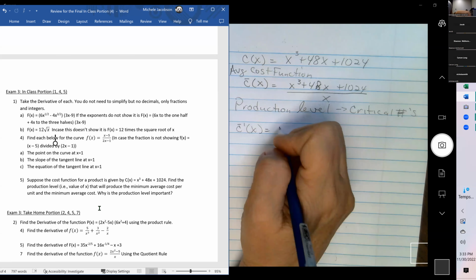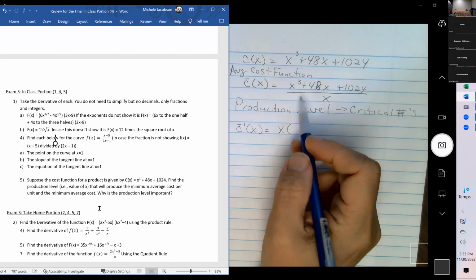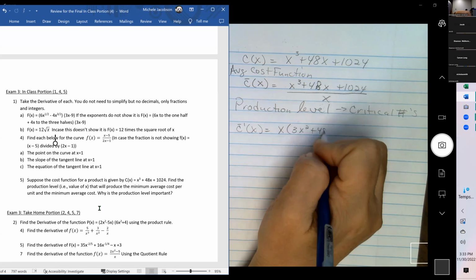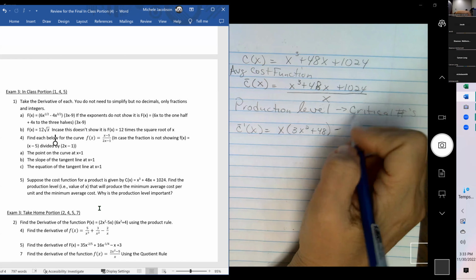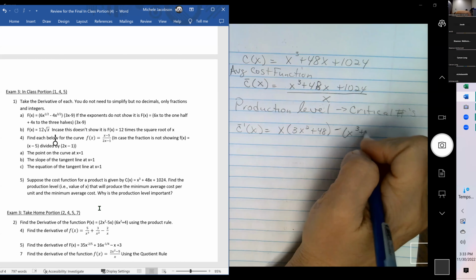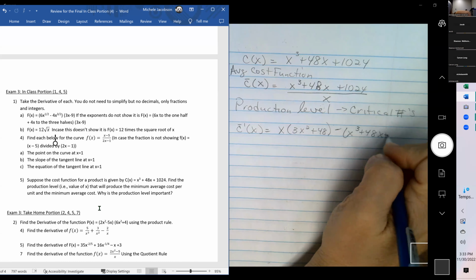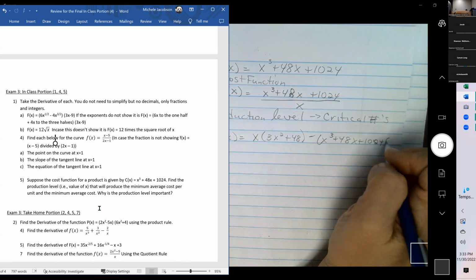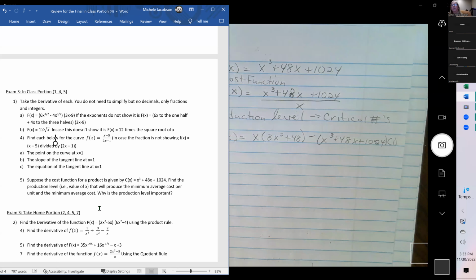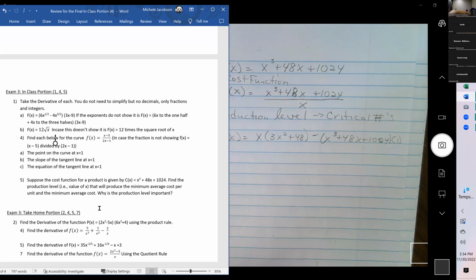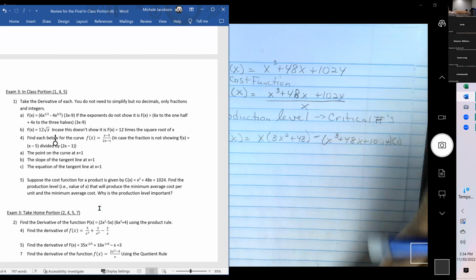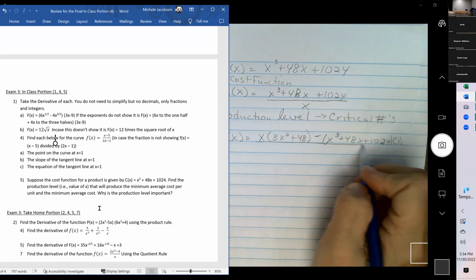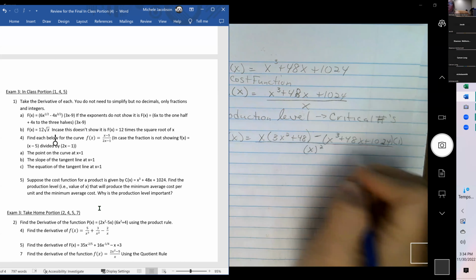Quotient rule: bottom times the derivative of the top, 3x squared plus 48, minus the top times the derivative of the bottom, which is 1, all over the bottom squared.